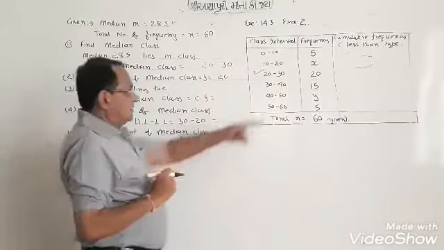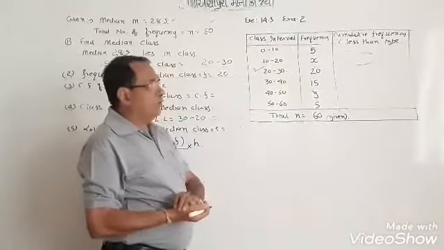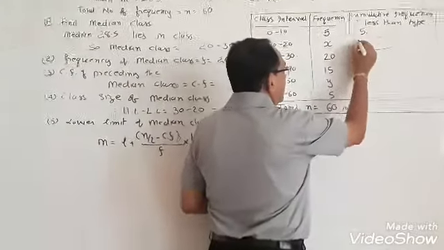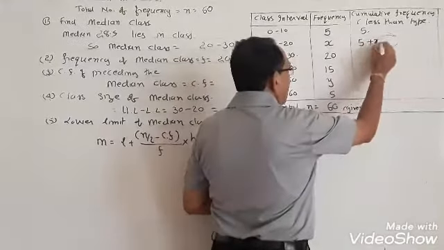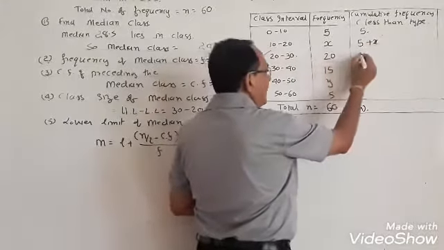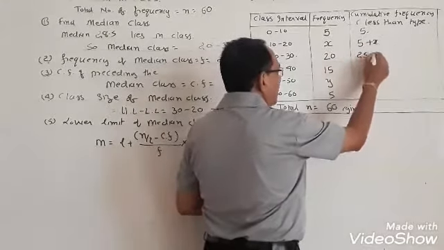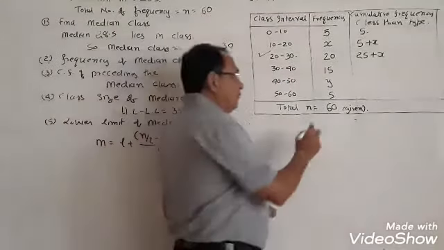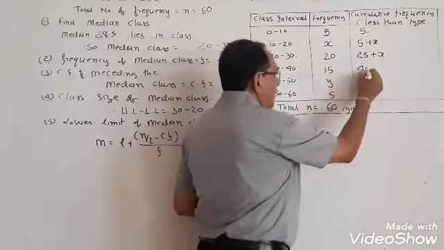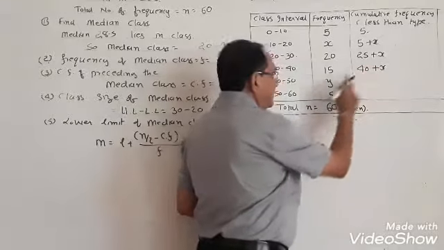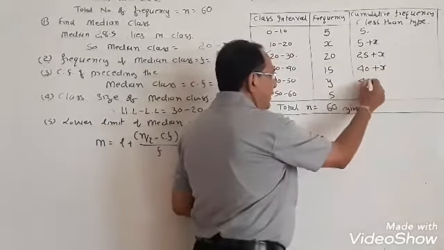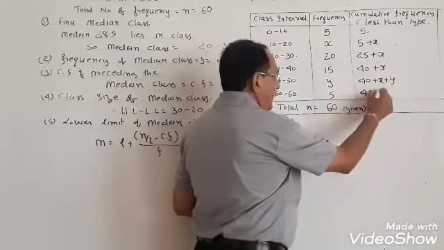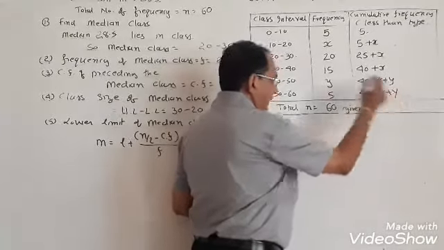Now we have to find the cumulative frequency. You know it. 5 plus x, 5 plus 20 is 25 plus x, 25 plus 15 is 40 plus x, 40 plus x plus y, 45 plus x plus y.